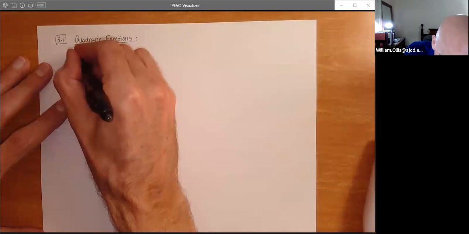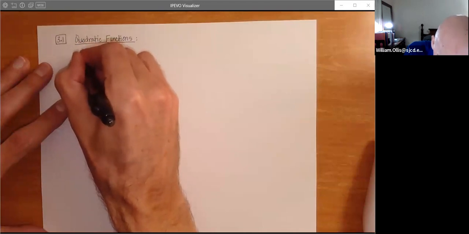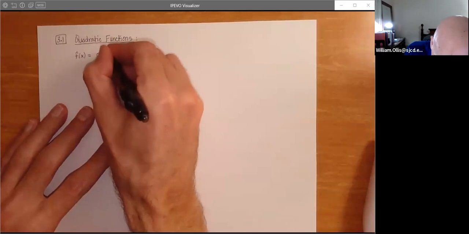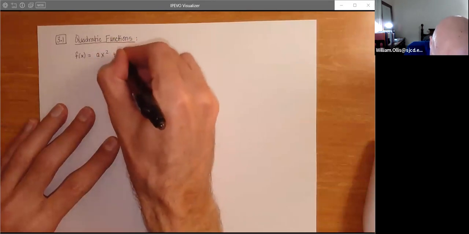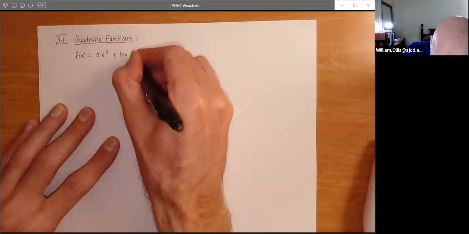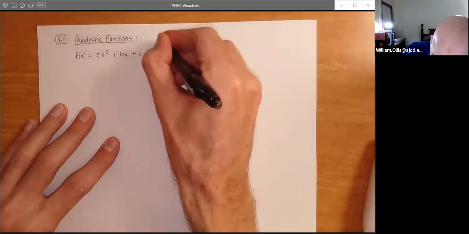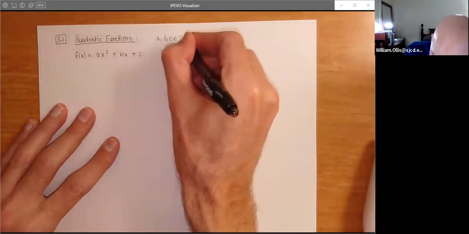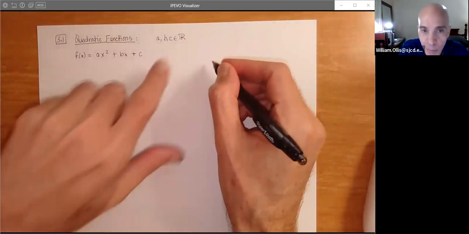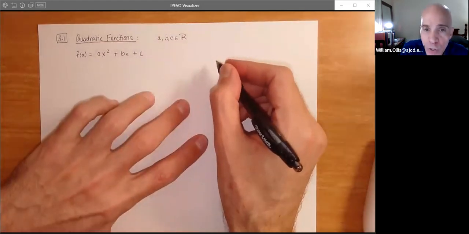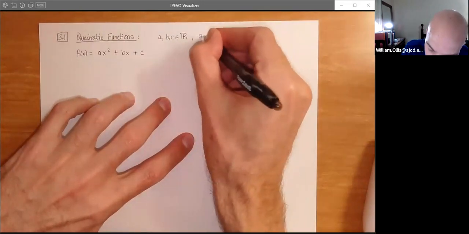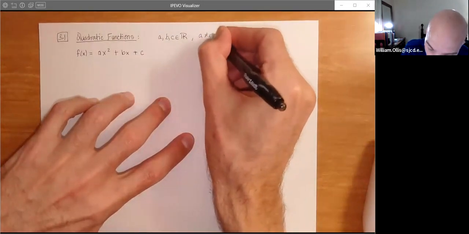So we defined f of x equals ax squared plus bx plus c. Of course, a, b, and c are real numbers, using our notation, elements of the real numbers. And one thing that's extremely important is that we want our a to be non-zero, always.